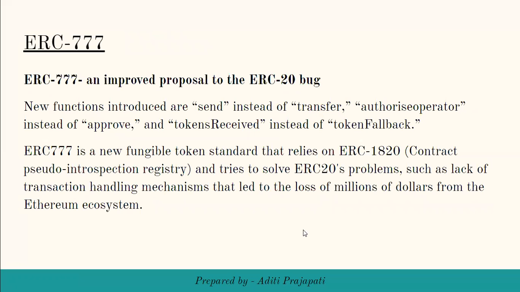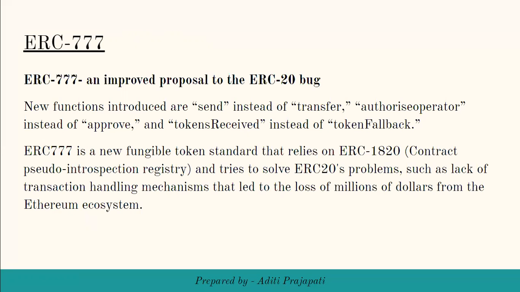Again, because of this problem, we have developed another standard, that is ERC777. ERC777 is an improved proposal for the ERC20 bug. It introduces new functions like send instead of transfer, authorize operator instead of approve, and tokens received instead of fallback.